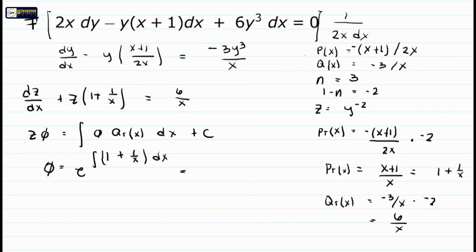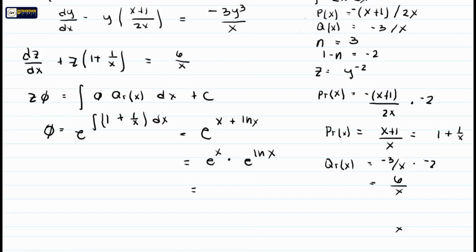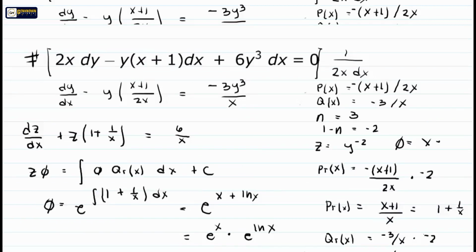So that is equal to e raised to the integral of 1, which is x, plus the integral of 1 over x, which is ln x. So this is also equal to e raised to x multiplied by e raised to ln x, which is e raised to x multiplied by x, or x e raised to x. So the phi is equal to x e raised to x.